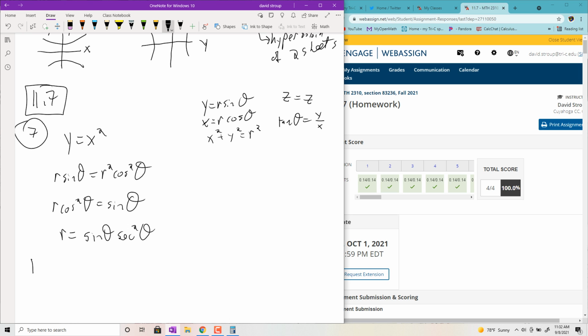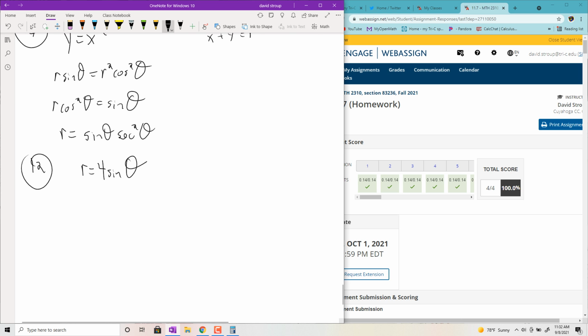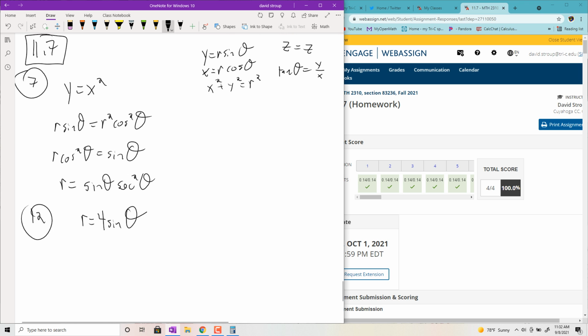For example, number 12. We have r equals 4 sine theta. Ideally, you would get y equals something, right? But here you're not going to be able to because this is a circle. So this time we're going from cylindrical to rectangular. I note that y is equal to r sine theta.